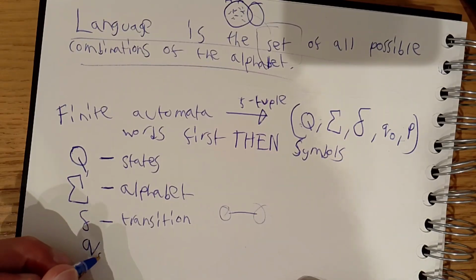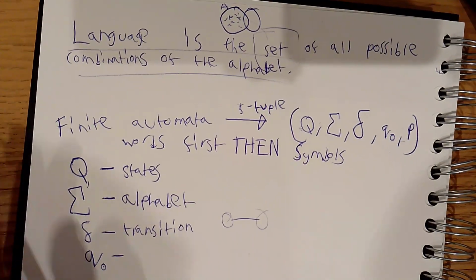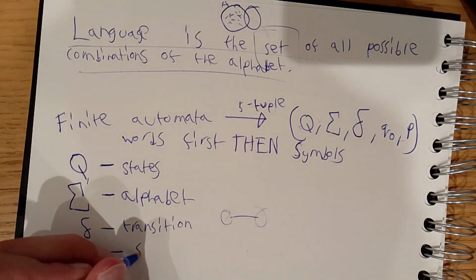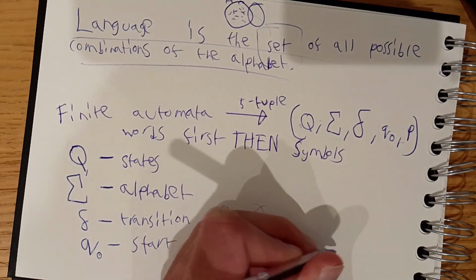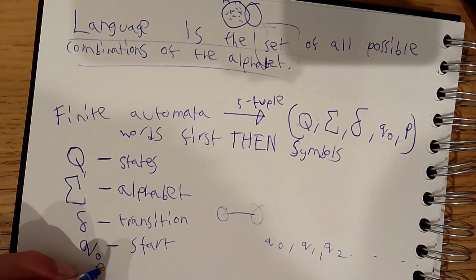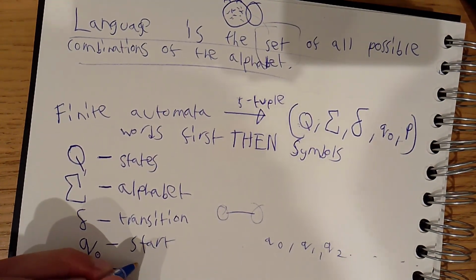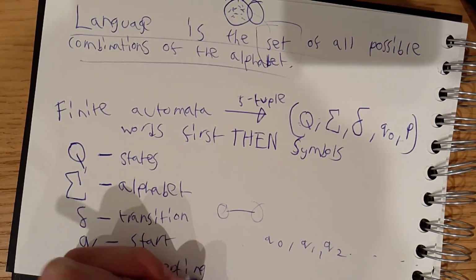We have Q naught, or you can say Q sub 0, which is the start, because conventionally it goes from Q0 to Q1 to Q2, etc. And then F is the accepting state.